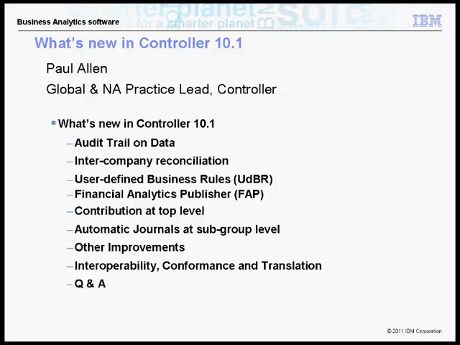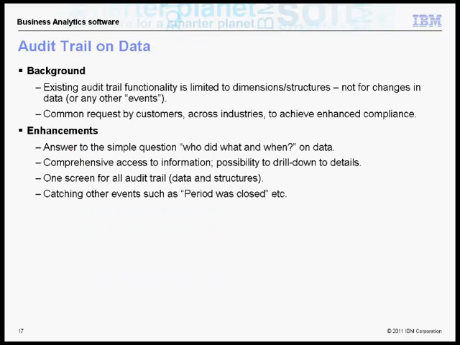So first of all, audit trail on data. We have an existing audit trail functionality in Controller 8.51 relating to changes that are made to dimensions or structures. For example, if you change an attribute such as the conversion rate method on an account, that would be tracked if you turn that audit trail capability on in 8.51.